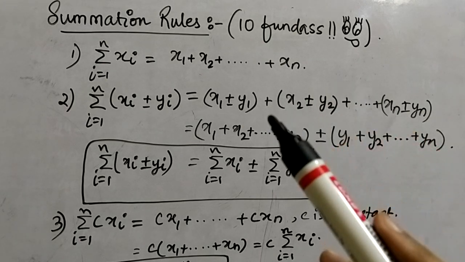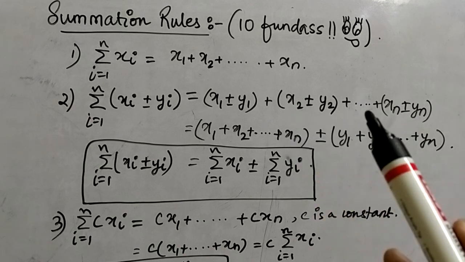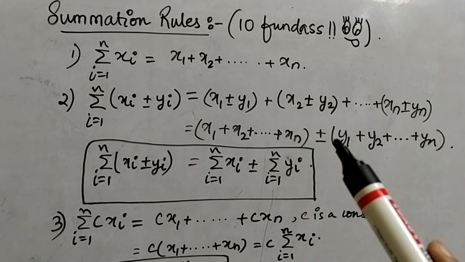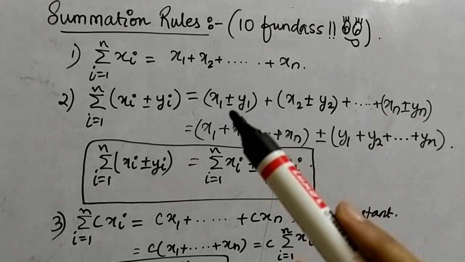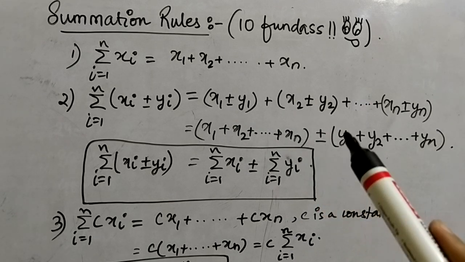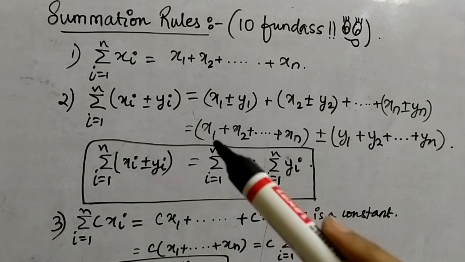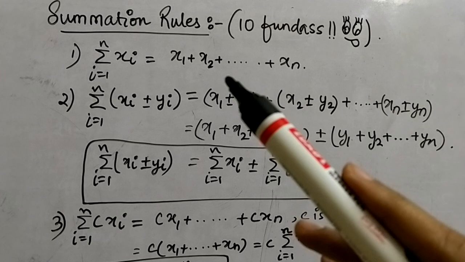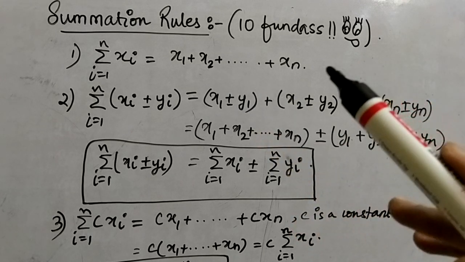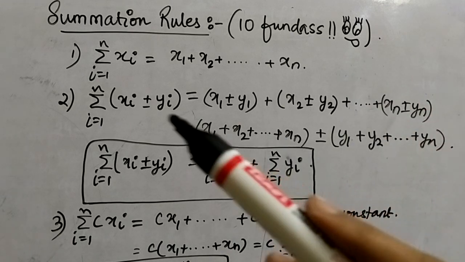In the second step, we merge all the x variables and the y variables, and the plus or minus sign comes outside. In this way you get this value. These are the summation of x and the summation of y, as you can see from the first formula. So you have to use this whenever you get this kind of data.